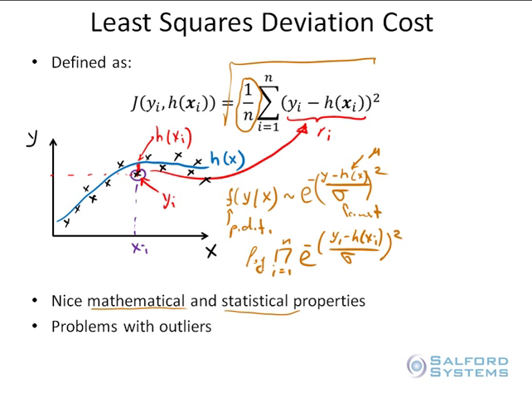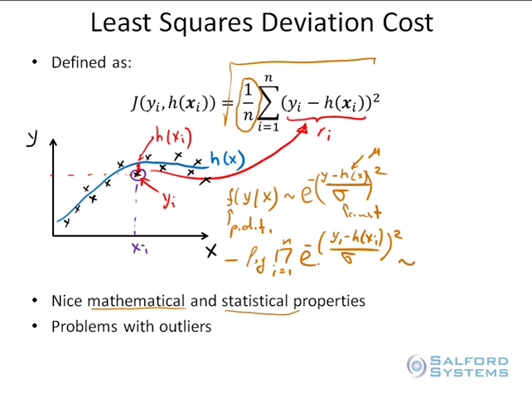Now, maximizing likelihood is the same as maximizing log likelihood, which is the same as minimizing negative log likelihood. And because we want to eventually arrive at the cost function, it's useful to introduce negative log likelihood. If you take this expression and simplify it, and again ignore all of these extra constants, what it boils down to is that the log of a product is a sum of logs.